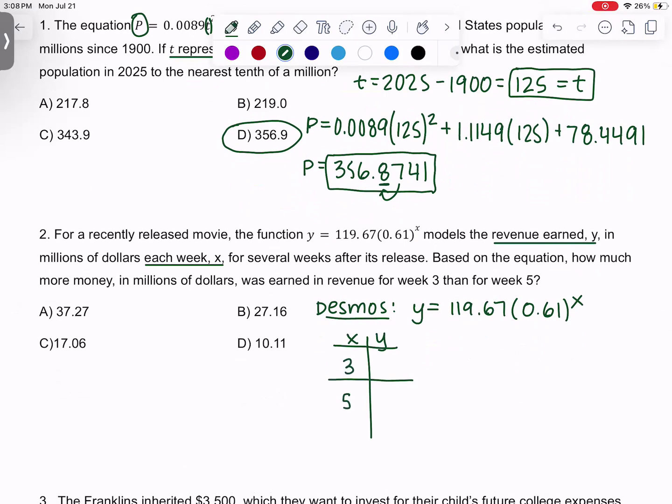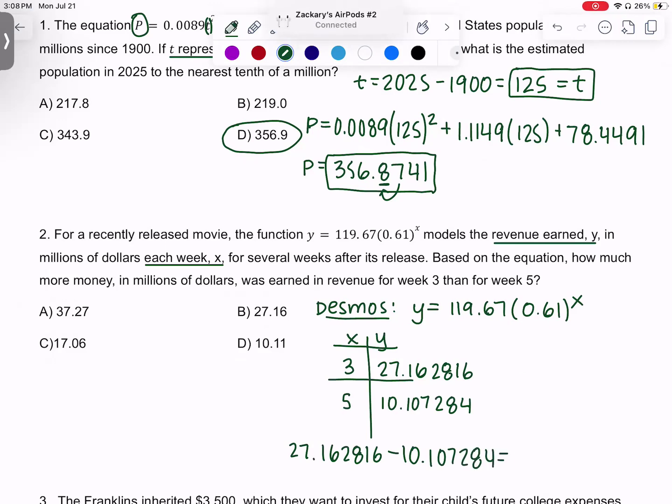Find the third value and the fifth value of X. We see 3. The Y value is 27.162816. The fifth value, 10.10724. When you subtract 27.162816 minus 10.10724, how much more money? Well, 17.055532.